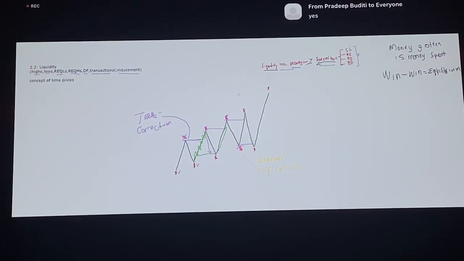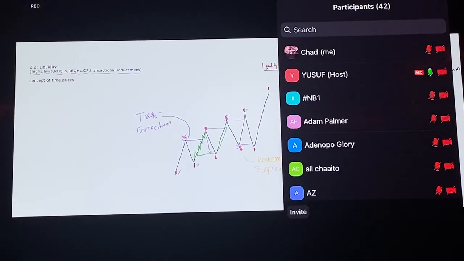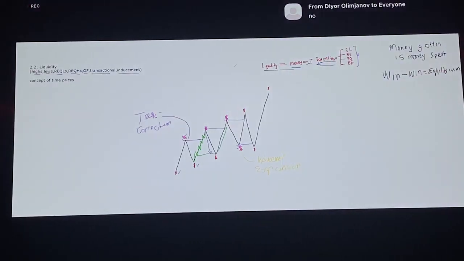So, is there money here? Yes. Is there money here? No. Why?